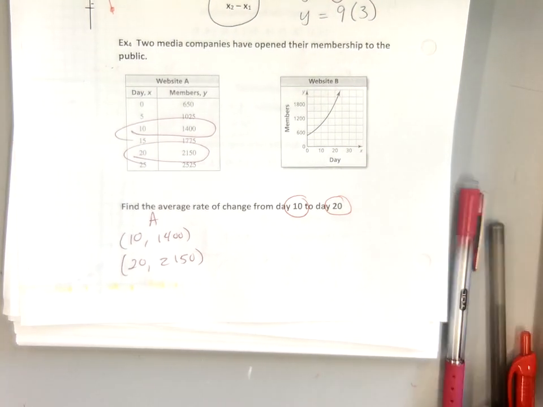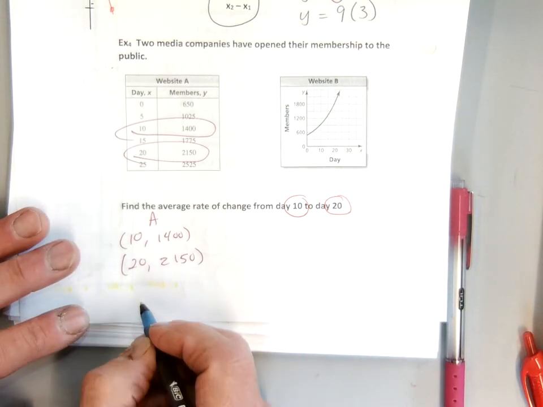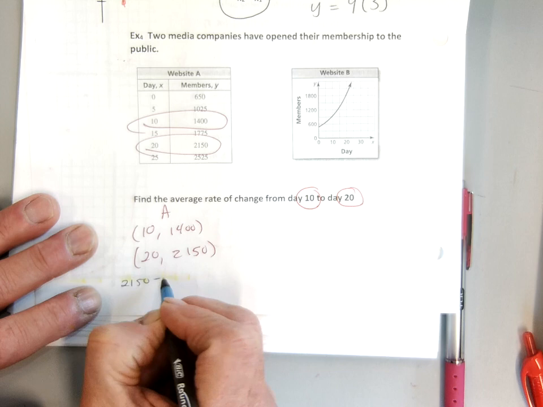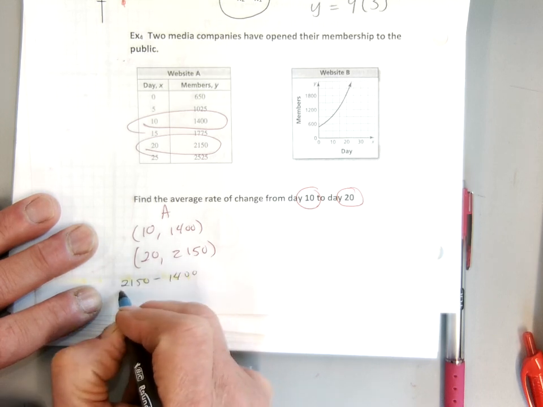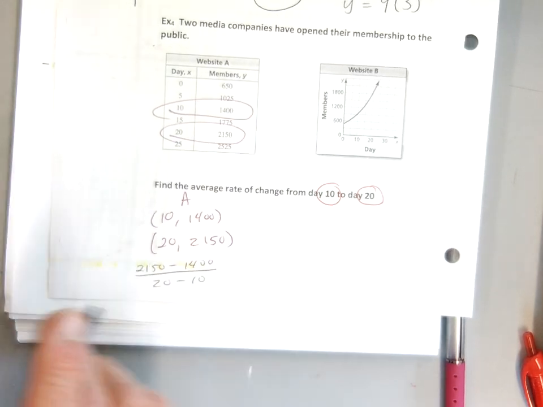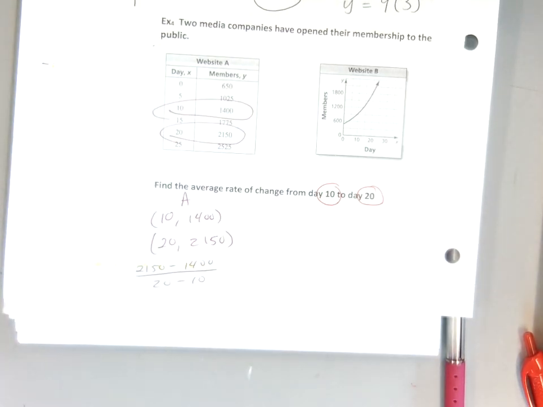Now let's figure out its daily average rate of change. I'm going to go 2150 minus 1,400 over 20 minus 10. What did I do? I'm just doing the slope formula. I wrote down my 2 points, x1, y1, x2, y2. See it? Then I just went, this minus this, over this minus that.